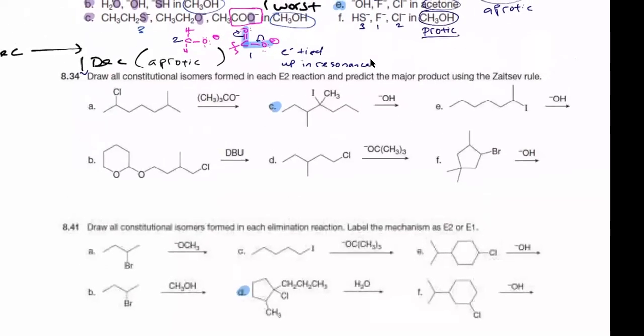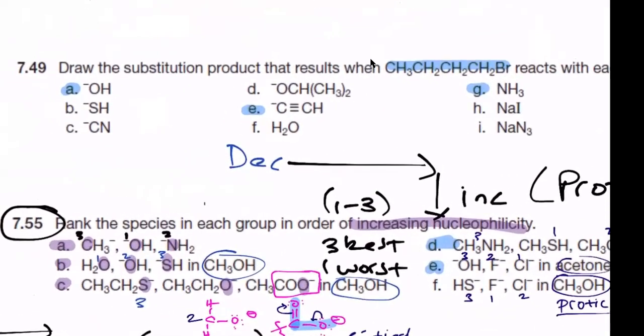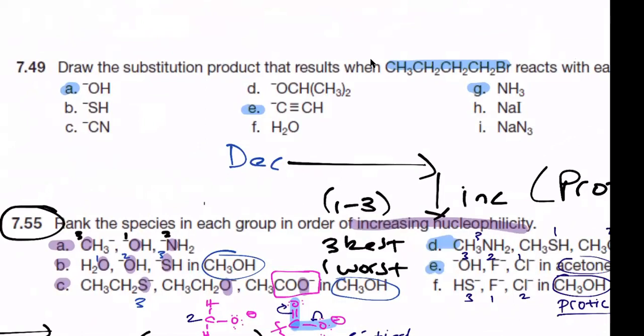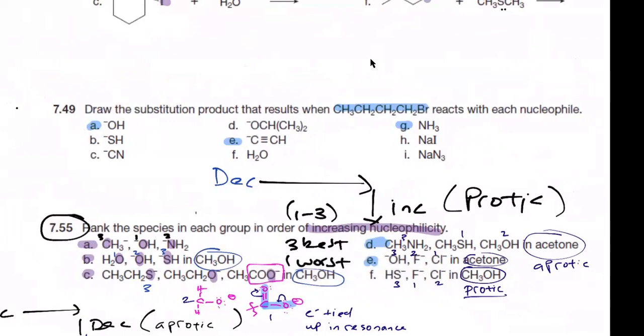So let's go up to here. Somebody from room 6. What did you get for A? It says draw the substitution product that results when butyl bromide reacts with a nucleophile.